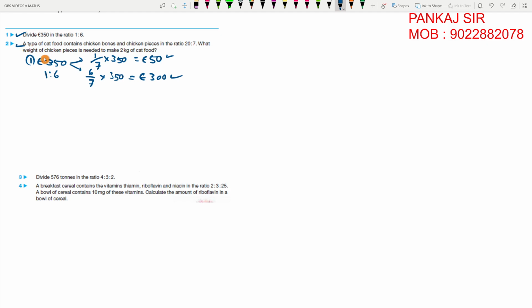Now the second question is: a type of cat food contains chicken bones and chicken pieces. Let me write CB for chicken bones and CP for chicken pieces. In the cat food, the ratio of these two ingredients, chicken bone and chicken pieces, is given as 20:7.